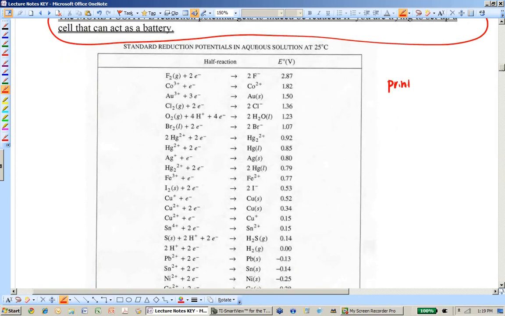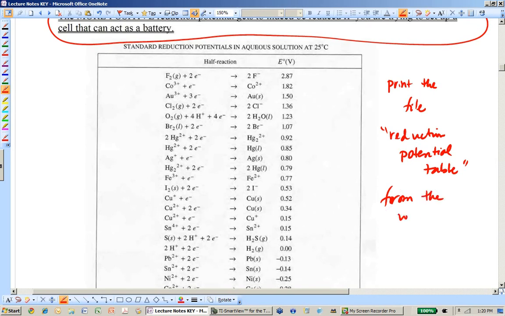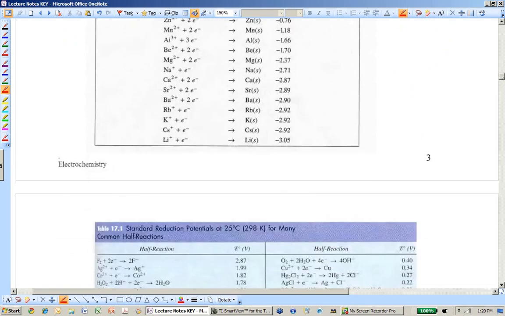Print the reduction potential table from the website where you found this, which was apchemistry.nimsy.wikispaces.com, from the wiki page. Go back to the wiki page and get it, because we're going to be using it.